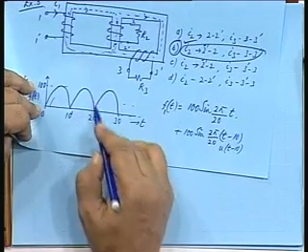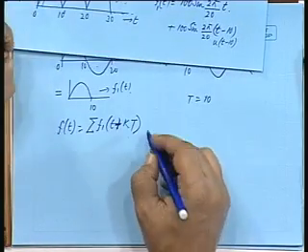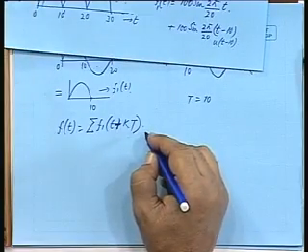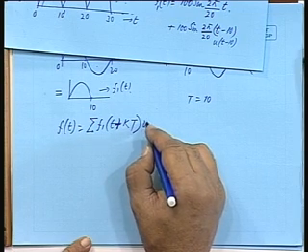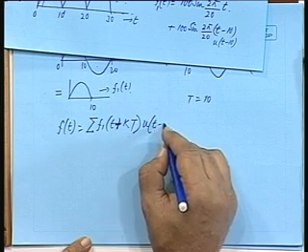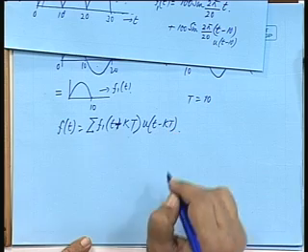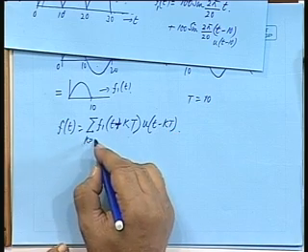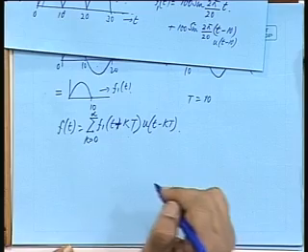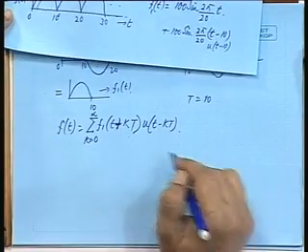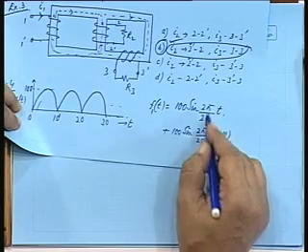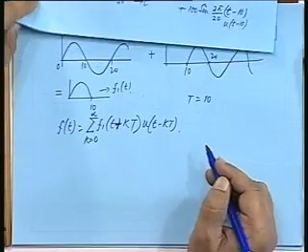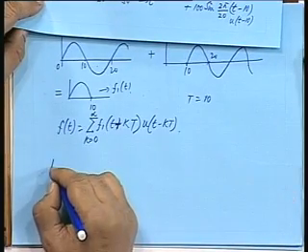Of course, into u(t minus kT) will be the correct representation. So, this is f(t). Now, 2 pi by 20 can be written as pi by 10. What will be the Laplace transform of this then?